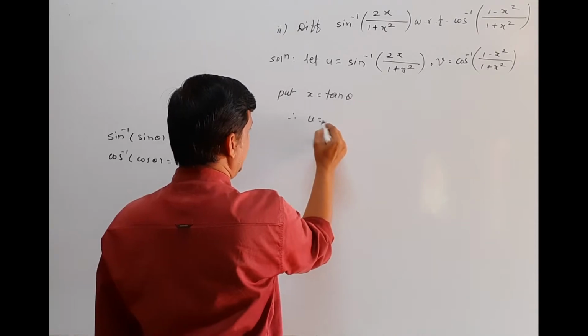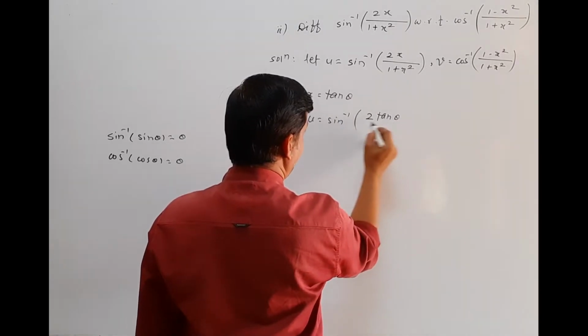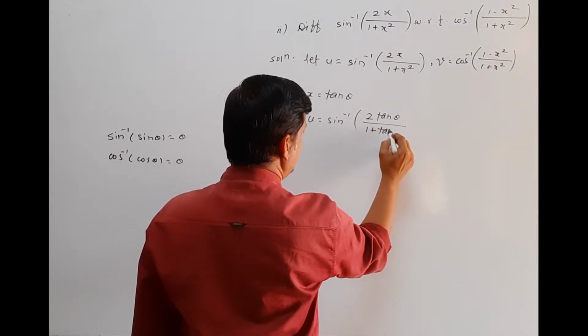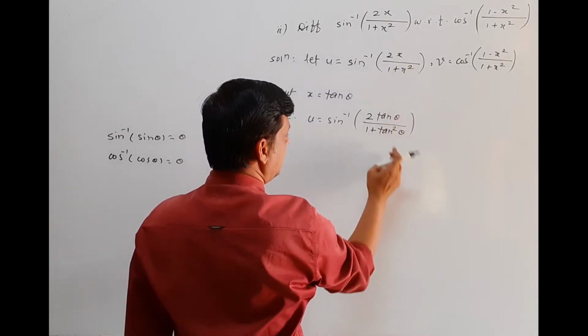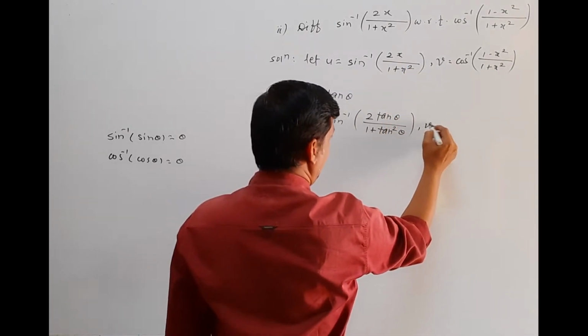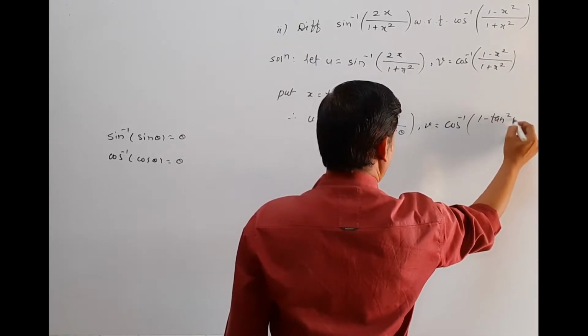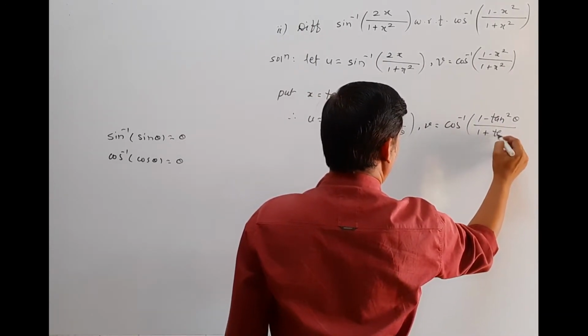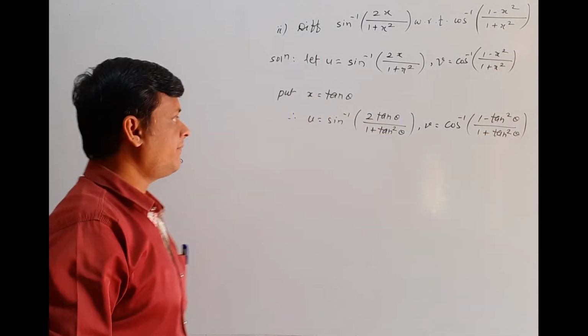Therefore we get u is equal to sin inverse of 2 tan theta upon 1 plus tan square theta. We replace x by tan theta, this x square by tan square theta. V is equal to cos inverse of 1 minus tan square theta upon 1 plus tan square theta. Here also we replace x square by tan square theta.